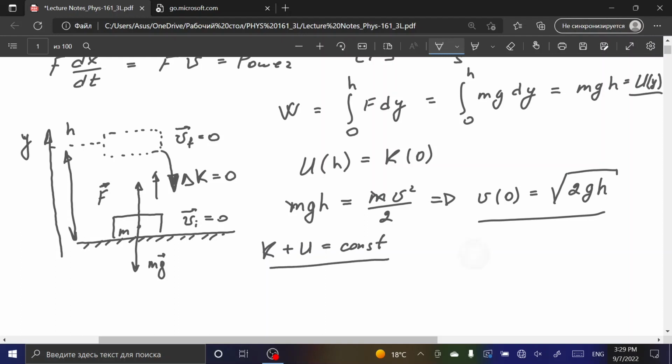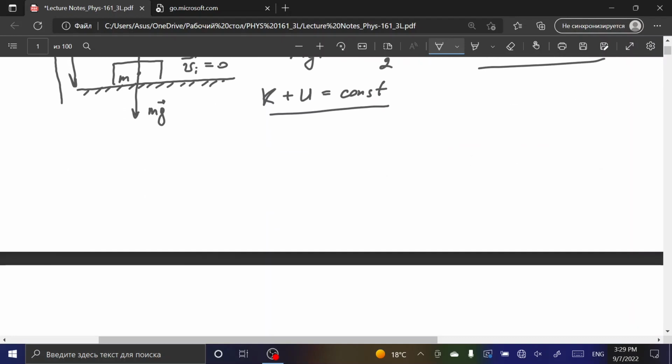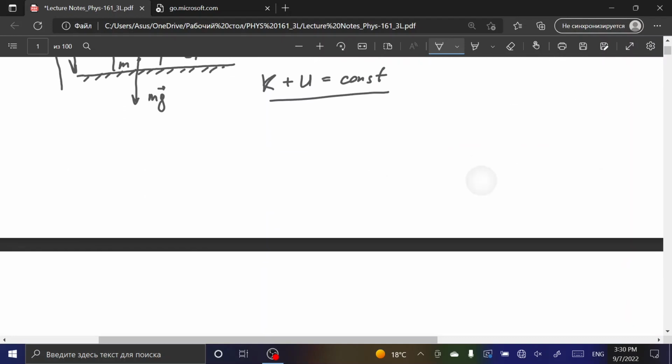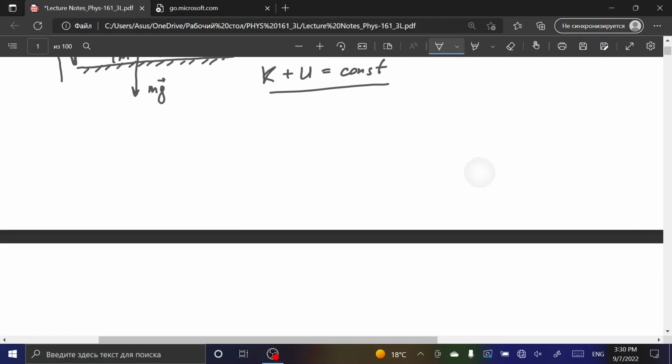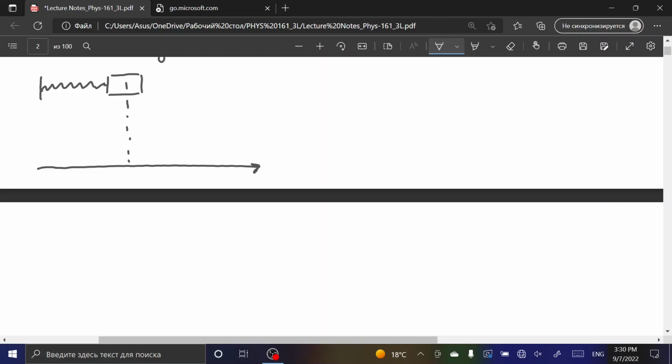Let us probably consider one more example to highlight this, and that is again our good old block-spring system. Let's say we have a block in equilibrium condition, at x equals 0.